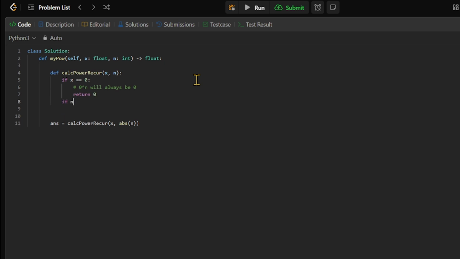If you have n is 0, x to the power of 0 will always be 1, except for when x is 0, and that was handled above. So this will always return 1 in this case.